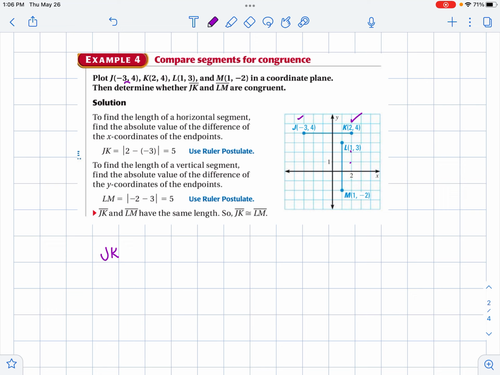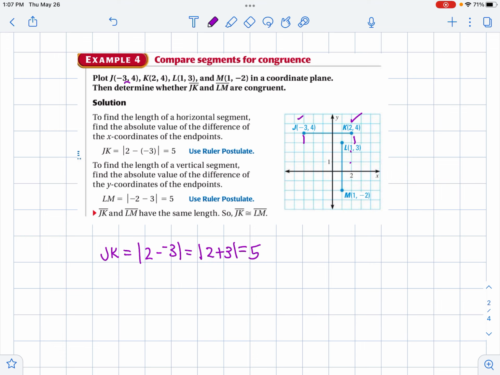Well, let's see what that would be. That's going to be the absolute value. Notice the y's are the same, so all we care about is the x's here. We just want to know the length from here to here. It has nothing to do with the y's. So here's what we've got. We've got 2 minus a -3. Remember, put it in absolute value. And this is 2 plus 3, which is 5.